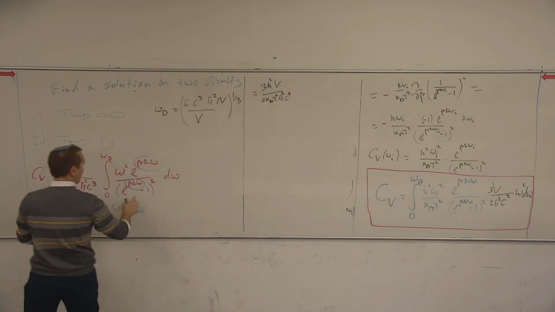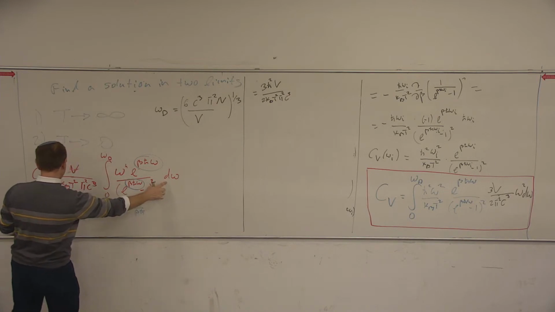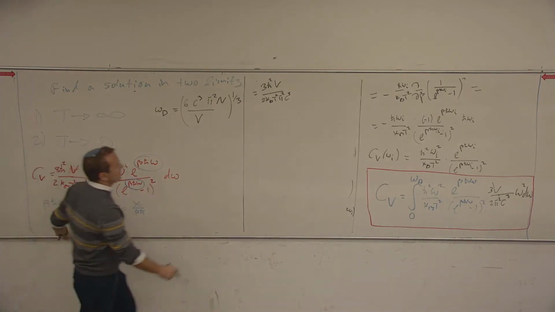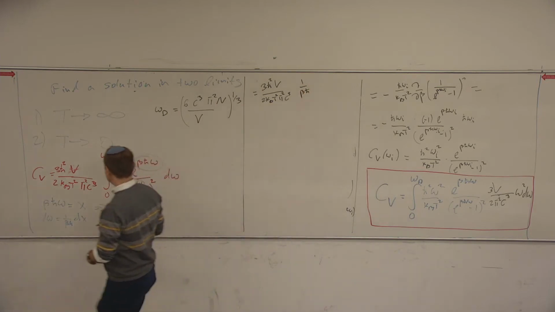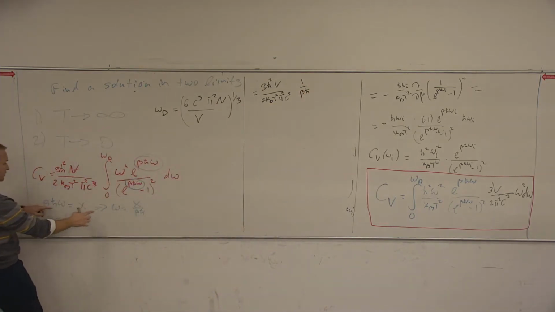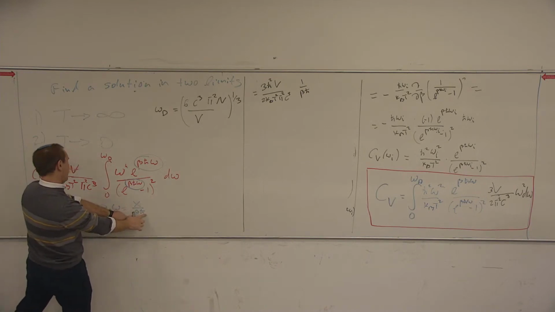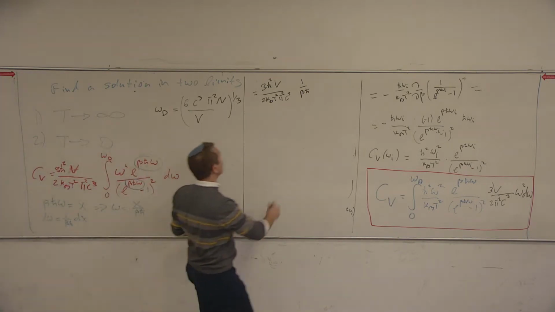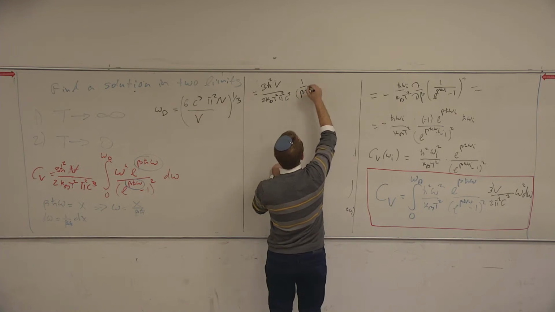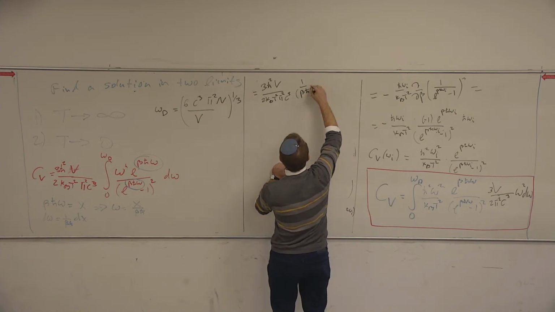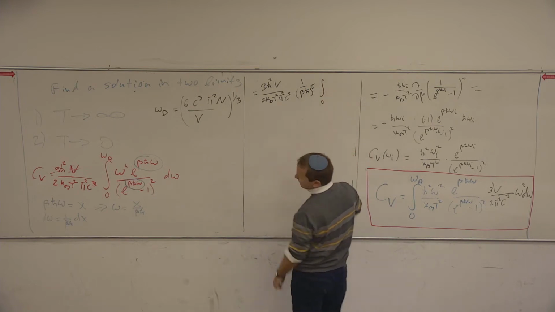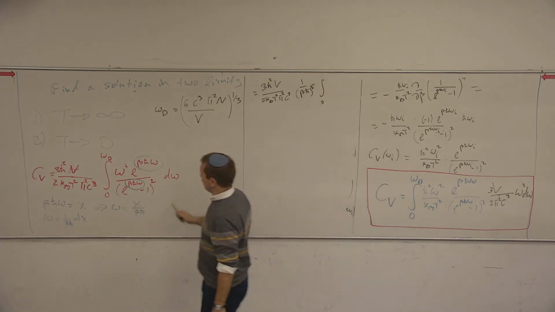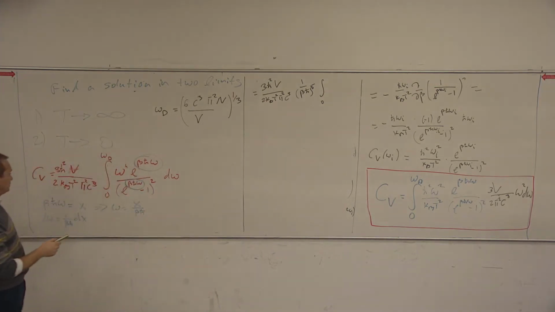Now from d omega, we have 1 over beta h bar. And from omega to the fourth, we have 1 over beta h bar to the fourth. So in total, we have the fifth power. And here we have an integral from 0 till omega_D pi.